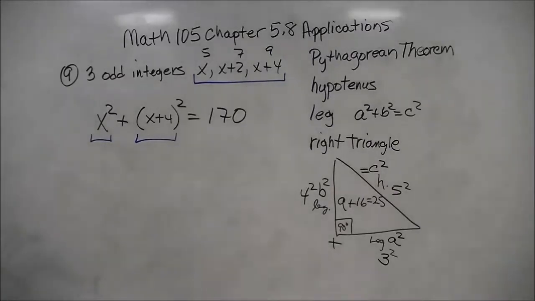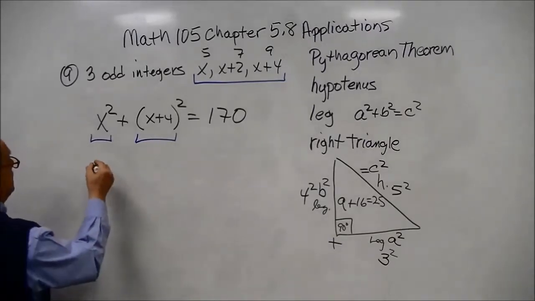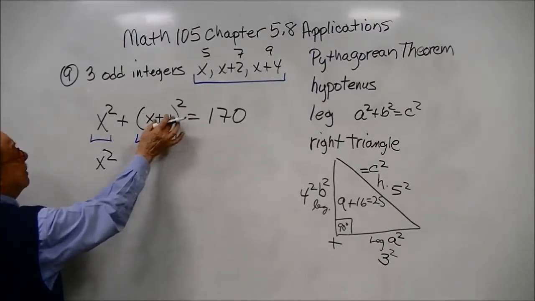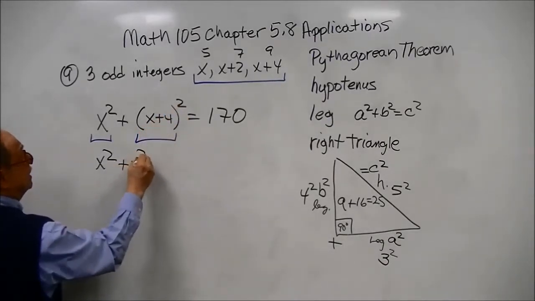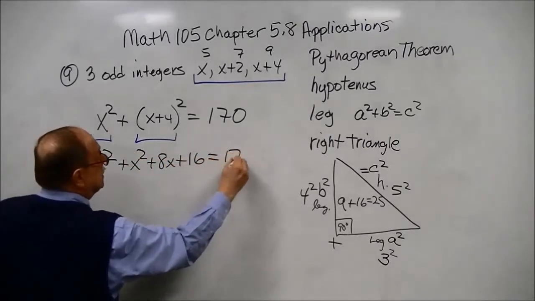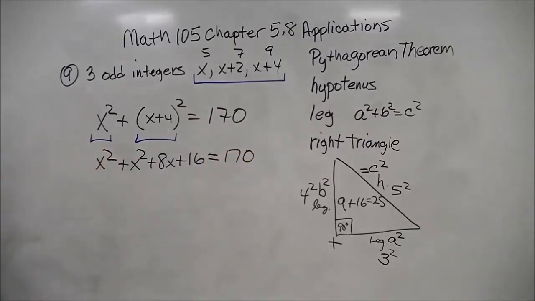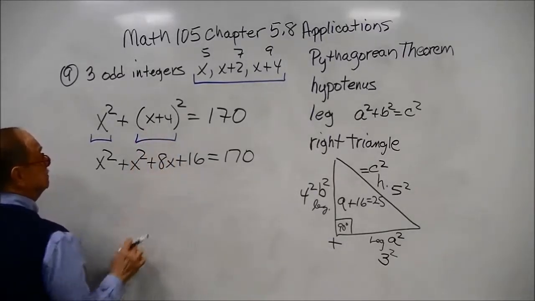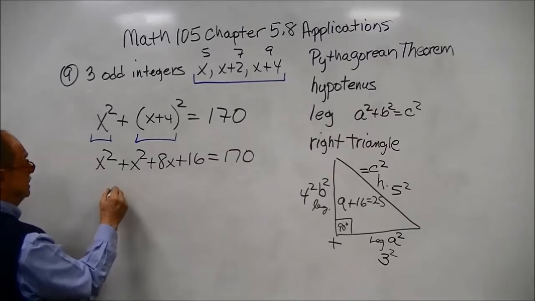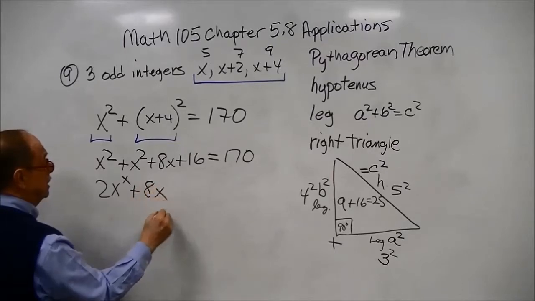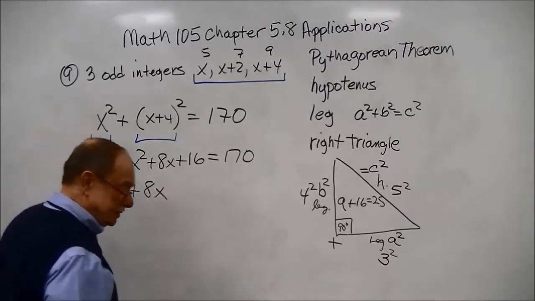So then, what do we do? Well, you have to put it in standard form. So this will be x squared. Now we're going to use that special technique to square a binomial. And now remember, this is a perfect square trinomial. We're going to combine like terms. And I'm going to transpose this to the other side.